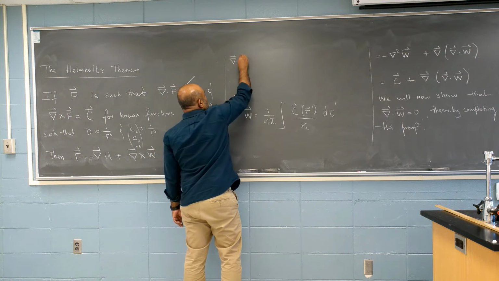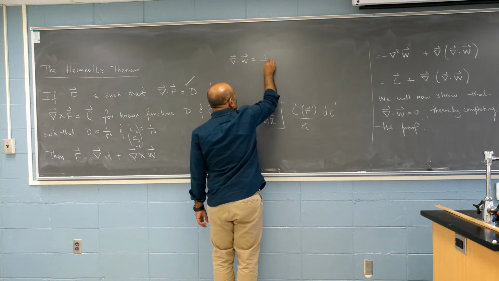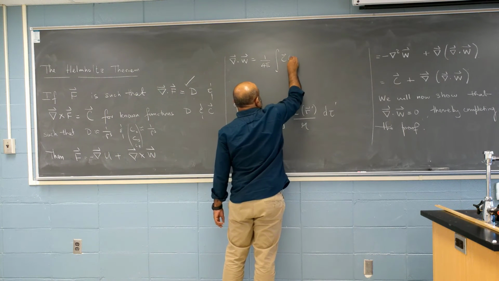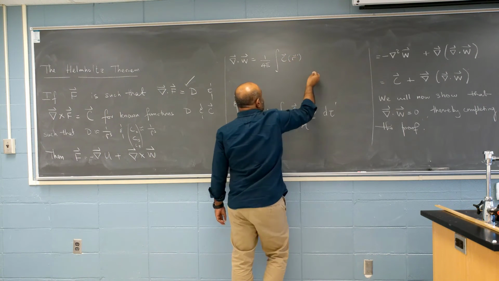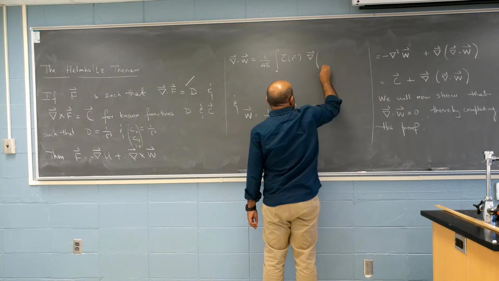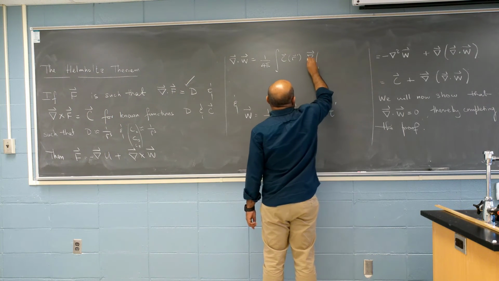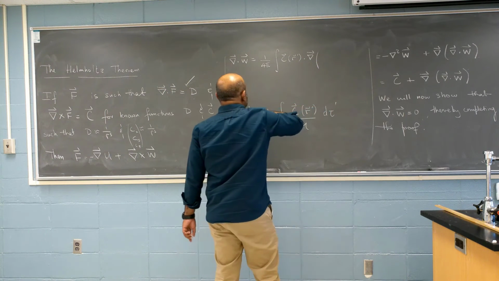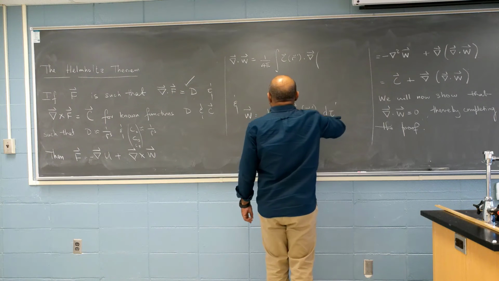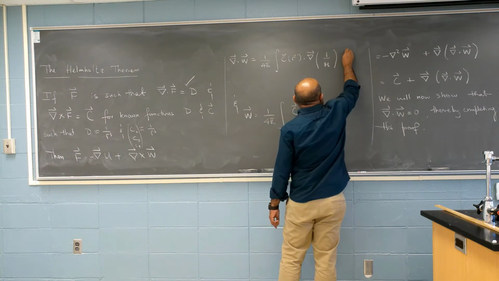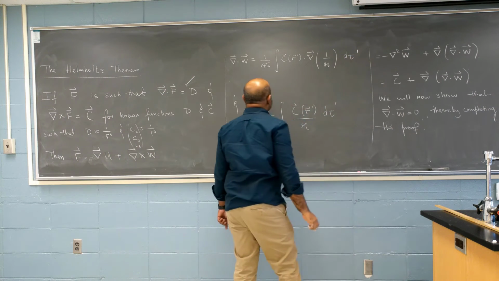Divergence of W is equal to 1 over 4 pi. C is only a function of r prime, and then I get divergence of, so C dot 1 over d tau prime.